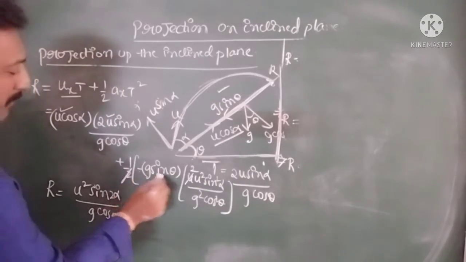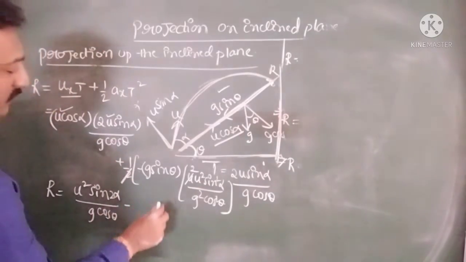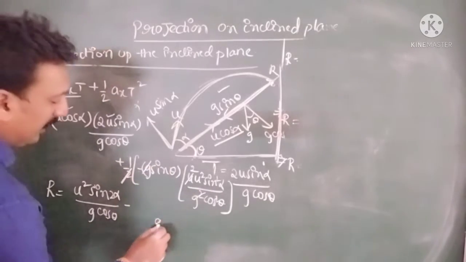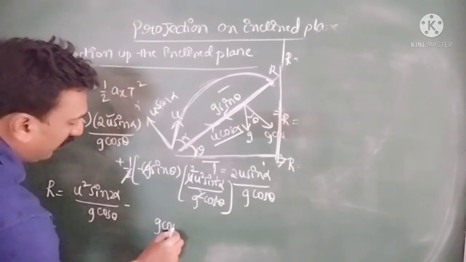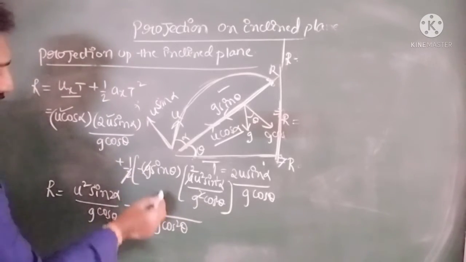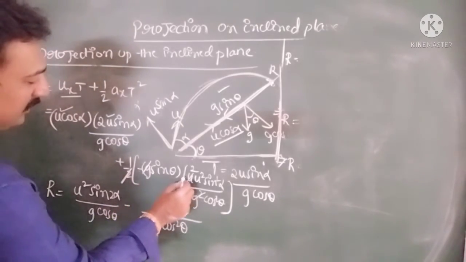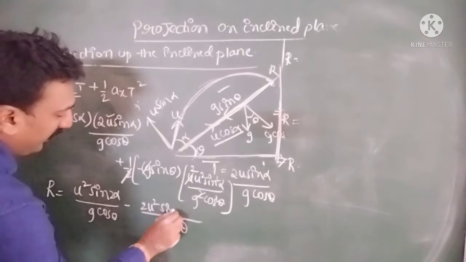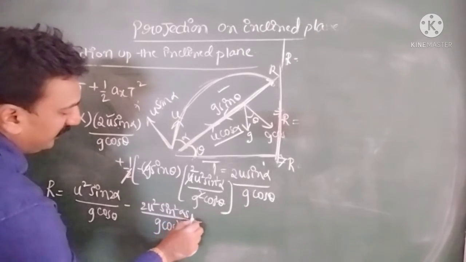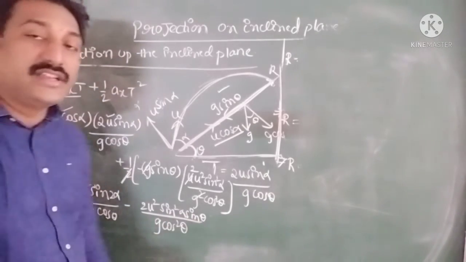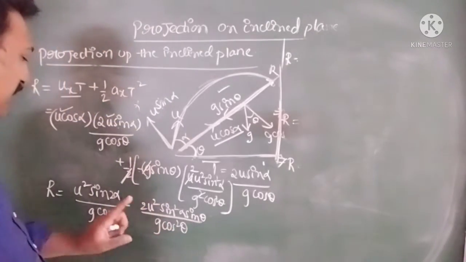So here minus, again this g and this g will be cancelled, so g cos square theta, followed by 2u square sin square alpha followed by sin theta. So this is the general expression for the range.